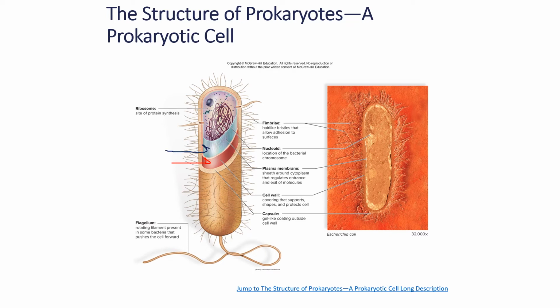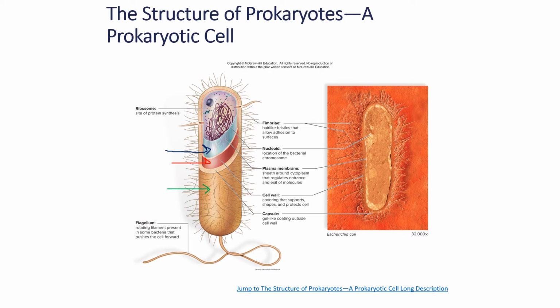This light blue layer is their plasma membrane. So the cell wall is outside of the plasma membrane, and remember the glycocalyx sticks out from the cell wall, so this light orange layer is the glycocalyx, or the capsule. And again, the capsule is for protection, usually against antibiotics, but it also helps attach to either a host or each other.